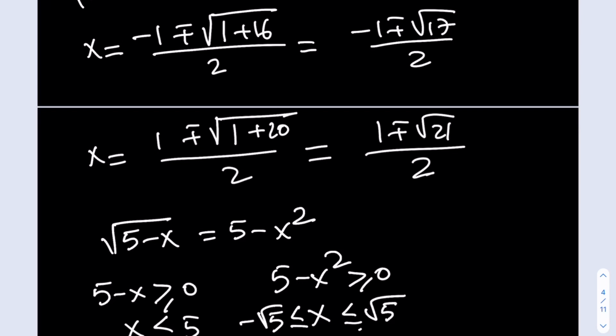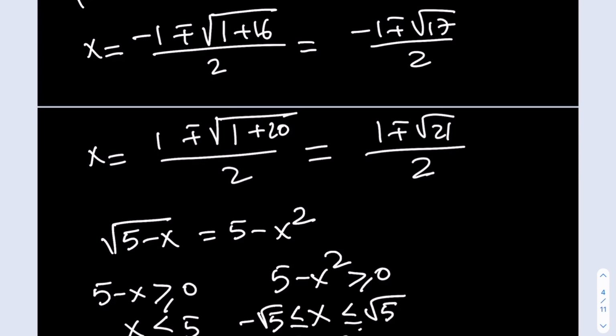We have to take the intersection. Both of them have to be true. So this is our domain. Any value that is not in that boundary, we're not going to accept. And the square root of 5 is about 2.2-ish, maybe 2.3-ish.